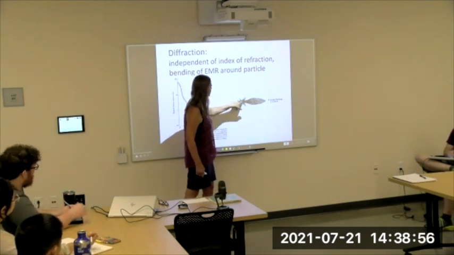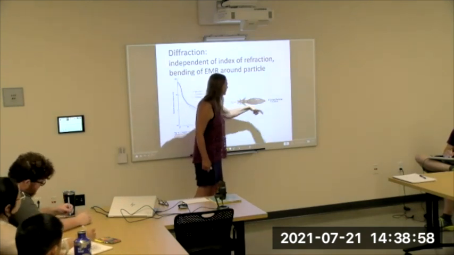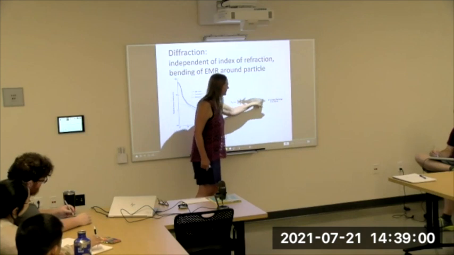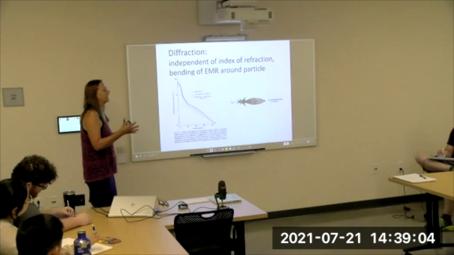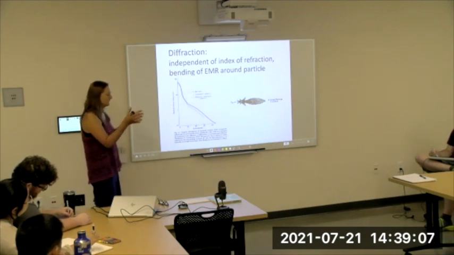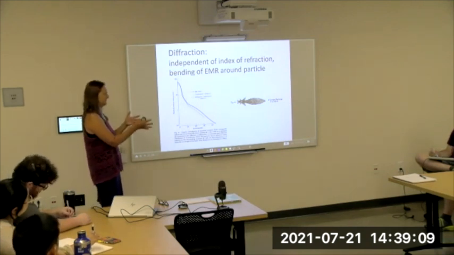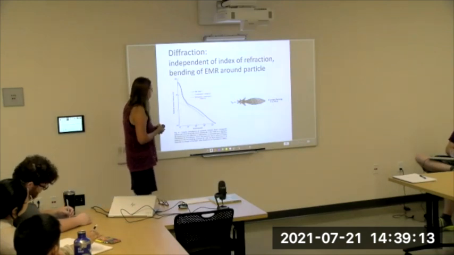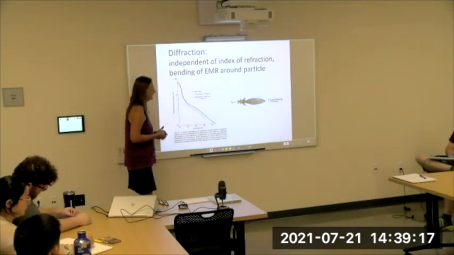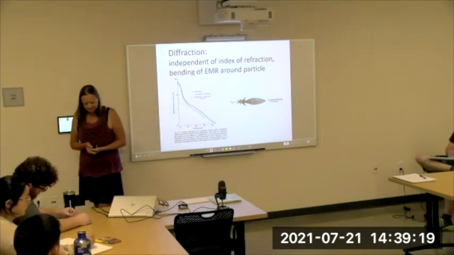Light's coming in, there's the big particle. Most of the scattering's in the forward direction. But this part here, that 10 degrees, is dominated by diffraction and not by near forward angle refraction. And so it's the large particles that have the diffraction.